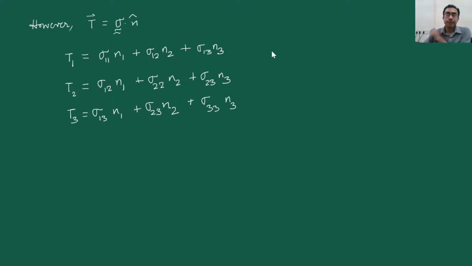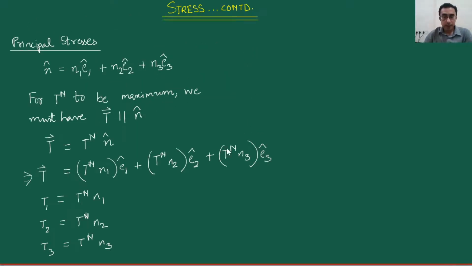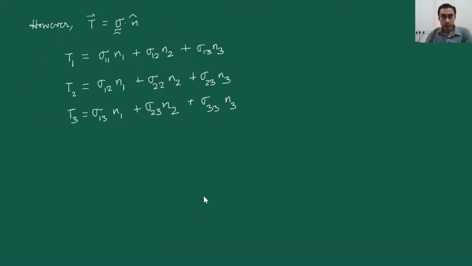Now you see, suppose I go back and name these equations #1, #2 and #3, and these as *1, *2 and *3.